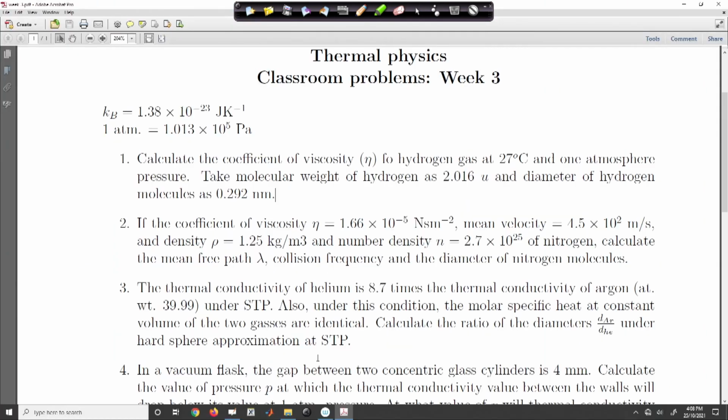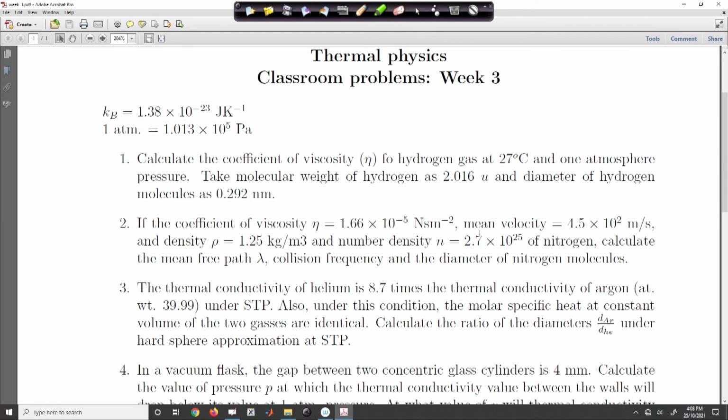Now, for the second problem, the coefficient of viscosity is 1.66 into 10 to the power minus 5 Newton second meter to the power minus 2, which is exactly the same as kg second inverse meter inverse. Think why.